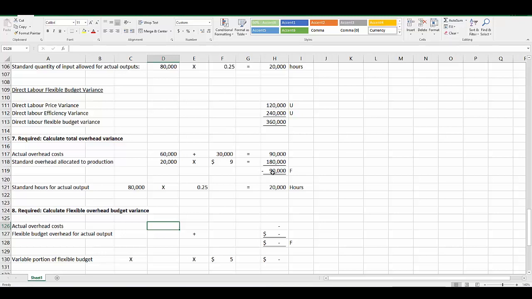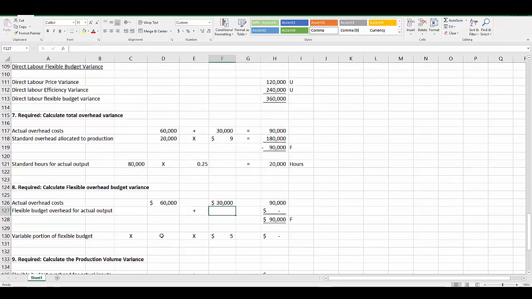So we know from the previous calculations that our actual cost is 60,000 plus 30,000, which is 90. The next thing we want to figure out is what the variable portion of our variance is comprised of.